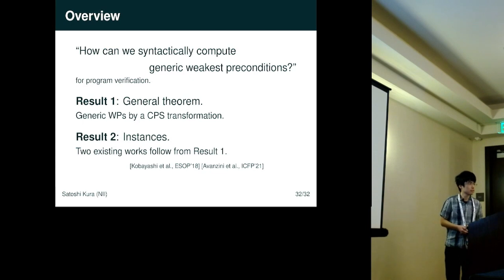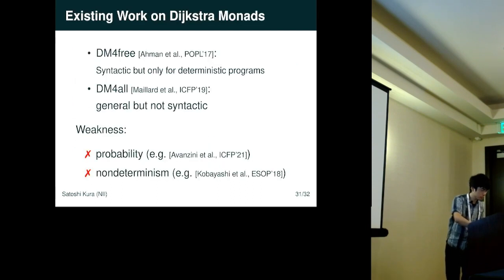This is really cool. I'm curious about the DM for free connection, on the class of programs on which both techniques apply. Would your technique compute the same kinds of WPs as DM for free does?